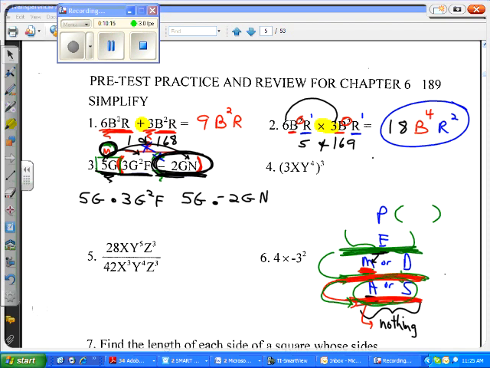And so we're going to call that negative 2gn. Now, remember the way I teach, I don't try to bring that sign right there. I just wait. I take it as a sign of the number. When I figure out the answer to this, if that answer is positive, I'm going to put a plus back in between them. If that answer is negative, I'm going to put a minus back in between them.